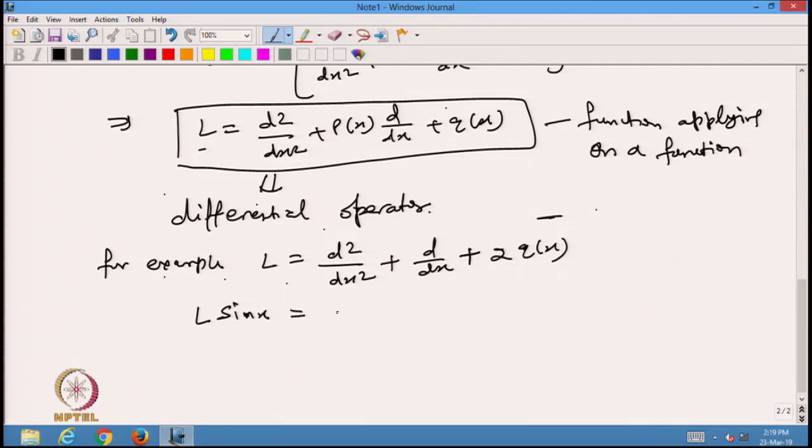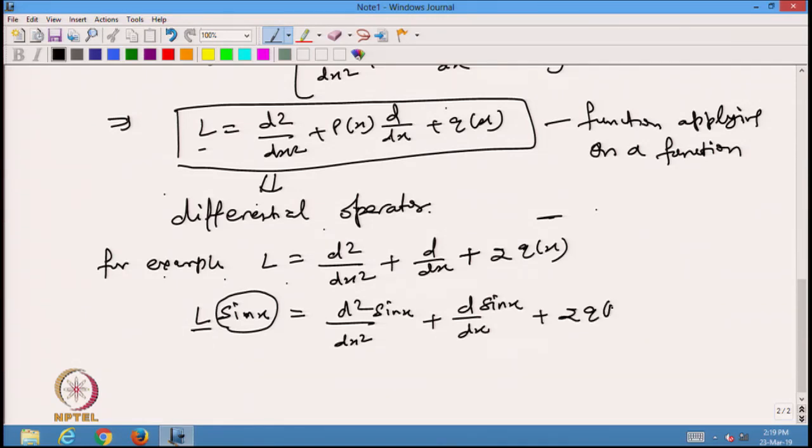Again I am applying it on a function. To find the value, I will put it as d square by dx square on sin x plus d by dx on sin x plus 2q(x) on sin x.